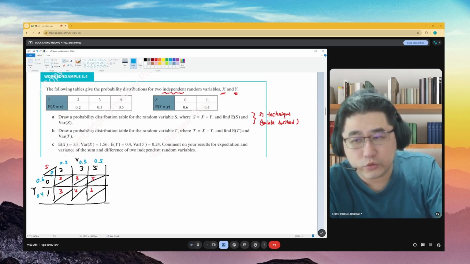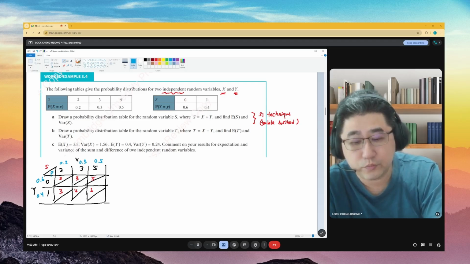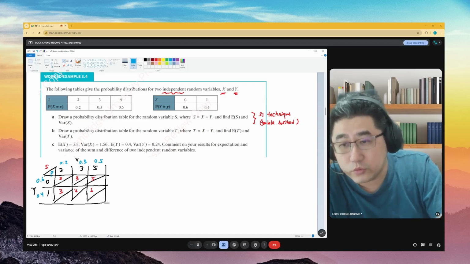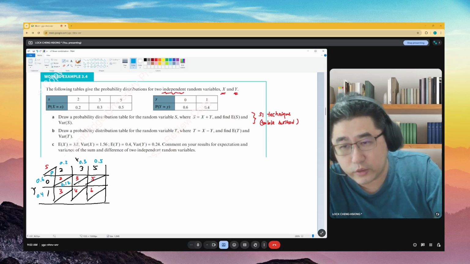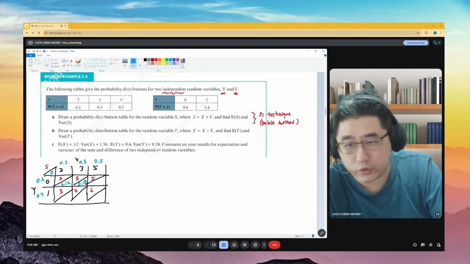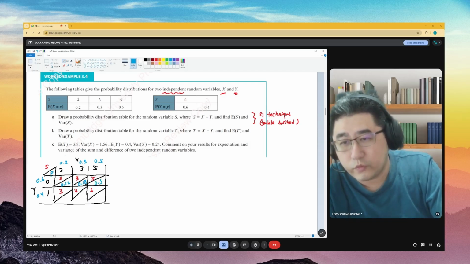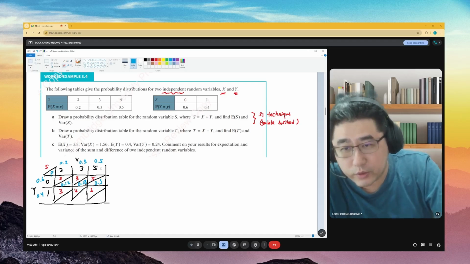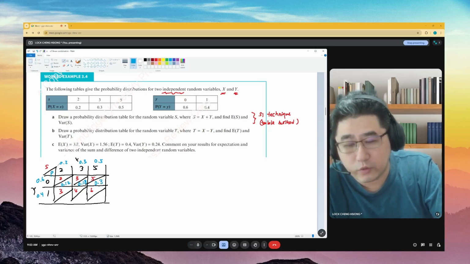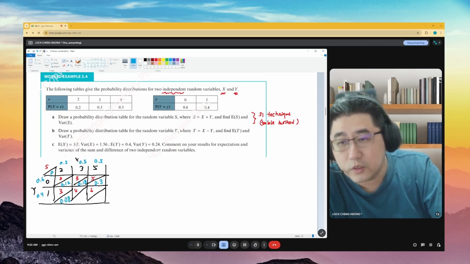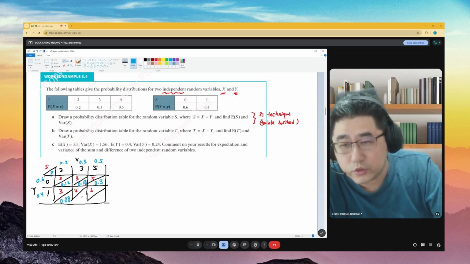Then 0.2 and 0.6, we multiply them together, so I have 0.12 over here. 0.6 and 0.3, I have 0.18 over here. 0.6 and 0.5, I have 0.3 over here. 0.4 and 0.2, 0.4 times 0.2, I have 0.08. 0.4 times 0.3 is 0.12, and you have 0.2.